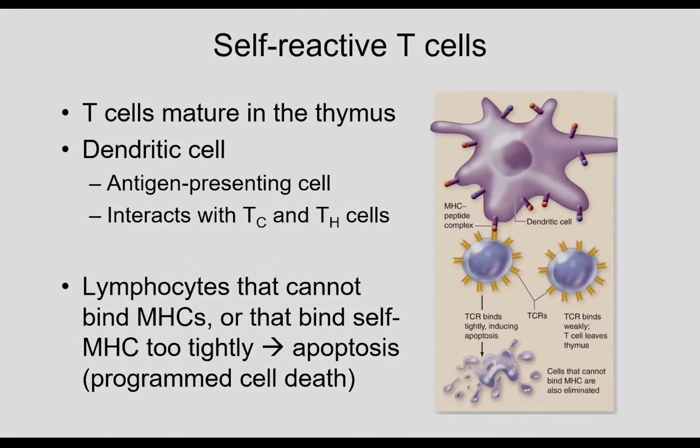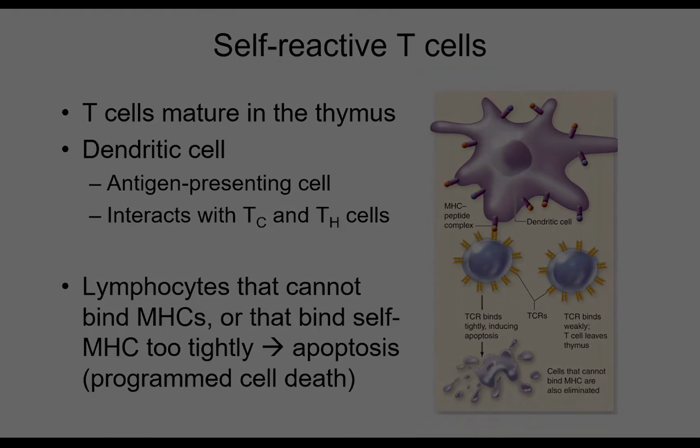Now, T cells also go through a self-reactive test, and this takes place in the thymus, which is where T cells mature. What happens is an antigen-presenting cell, such as a dendritic cell, interacts with T helper and T cytotoxic cells. If a T cell cannot bind the correct type of MHC receptor, or if it binds it too tightly, the T cell is destroyed via apoptosis.